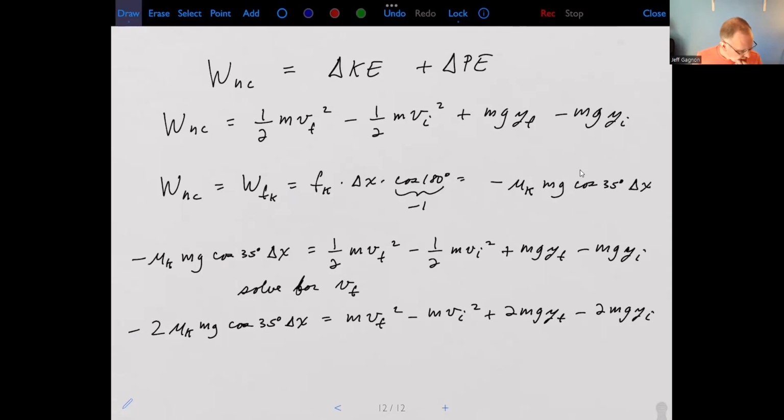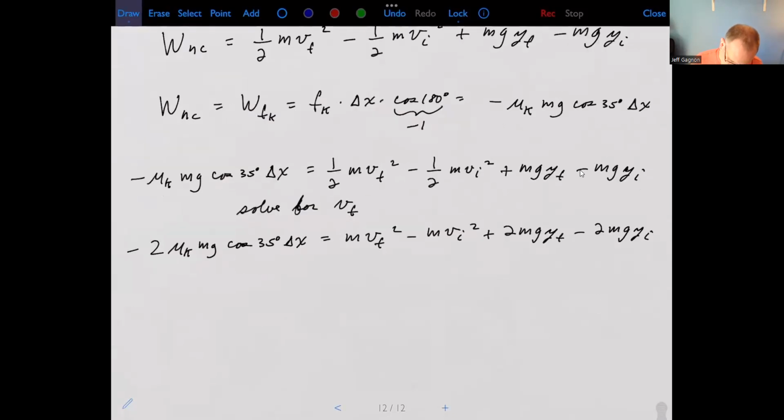Okay, so if I solve this for v final squared, let me solve it first for m v final squared, and then we'll divide everything by m. So I have m v final squared equals, I'm going to have that term stay on the left-hand side, and everything else is going to move over.